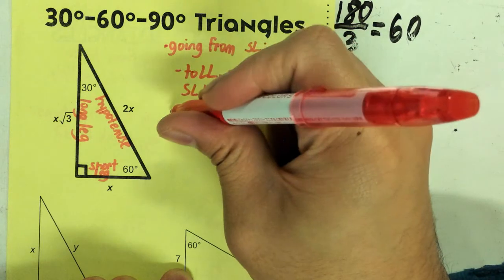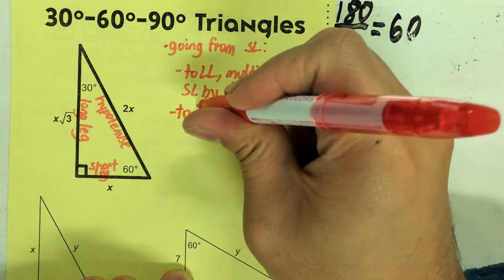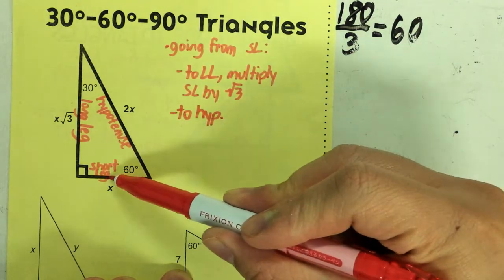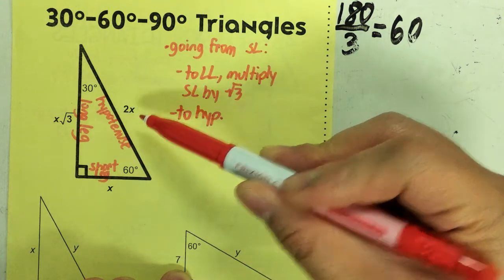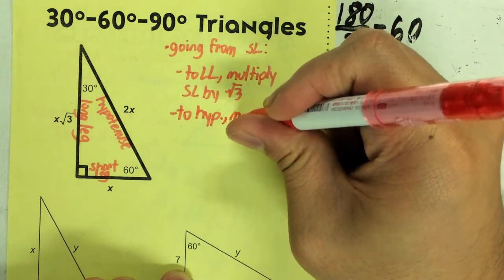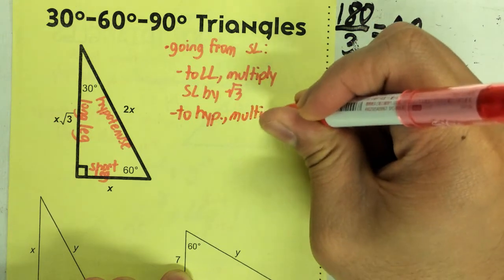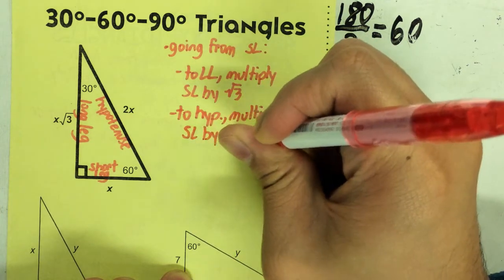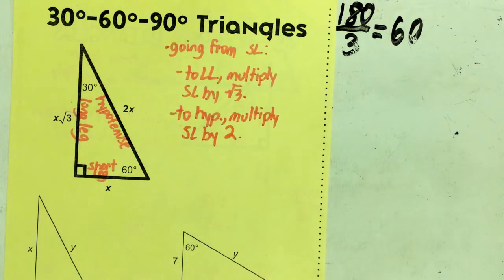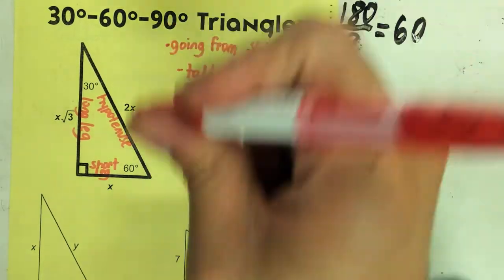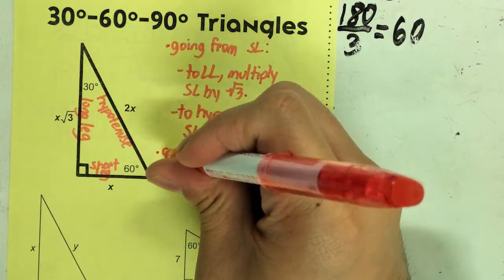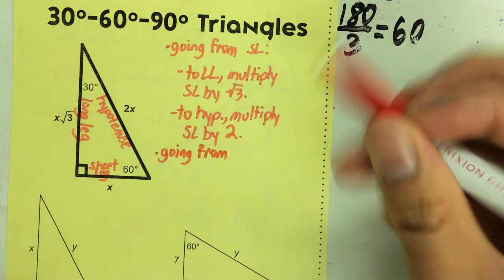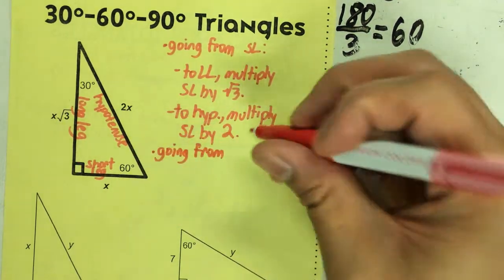Going from short leg next to hypotenuse, from x to 2x, that means we multiply short leg by 2. So that's if you have the short leg. Next, going from, now let's go backwards, hypotenuse to short leg.